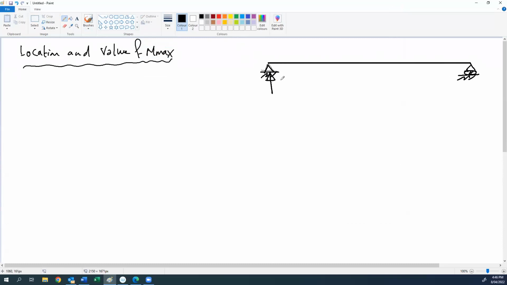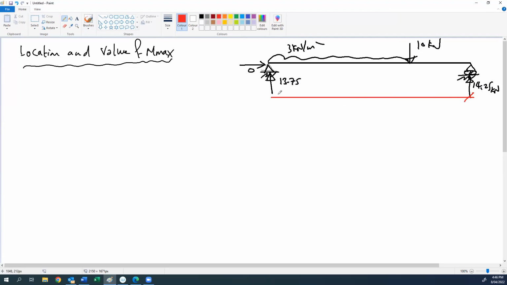We have reaction here, 13.75, and 0. Uniform load up to here, 3 kilonewton per meter, and 14.25 kilonewton. The dimensions are 6 meter, 2 meter. We concentrate the load here as 18 kilonewton.